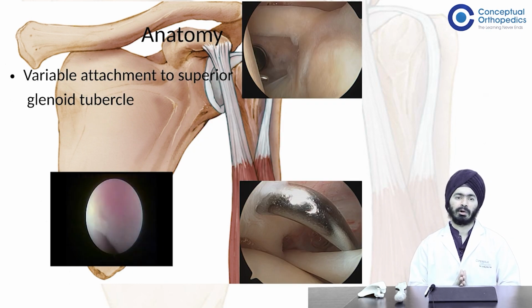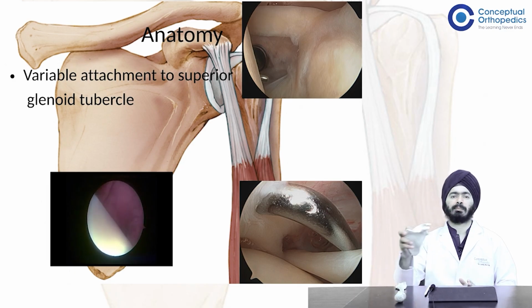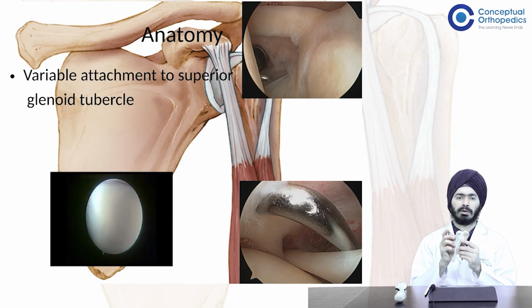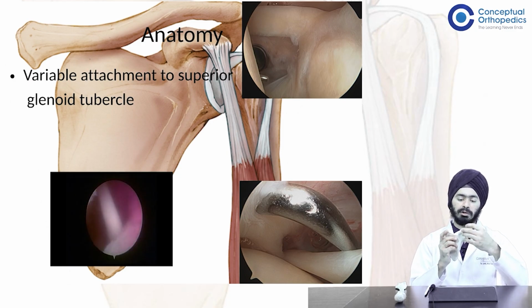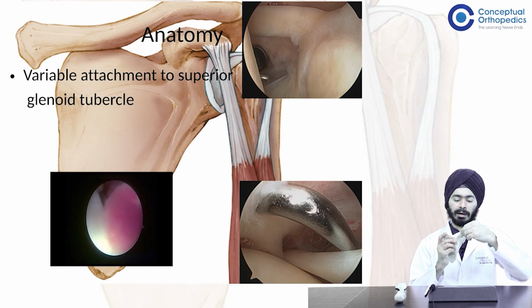So where does the long head of biceps attach? If we talk about the scapula and look at the glenoid, the long head of biceps attaches on the superior glenoid tubercle along with attachment on the superior labrum.